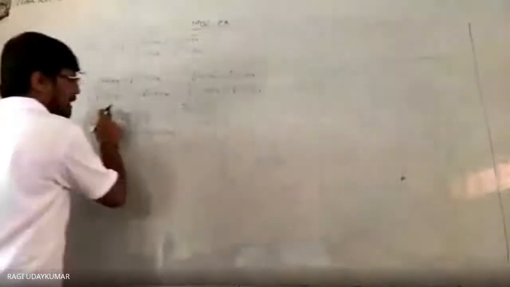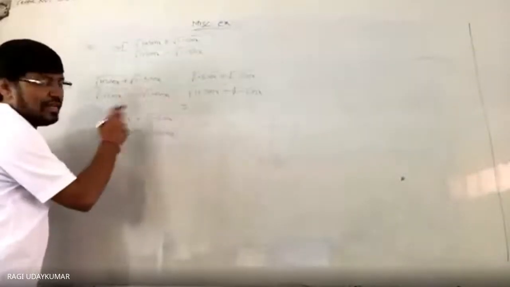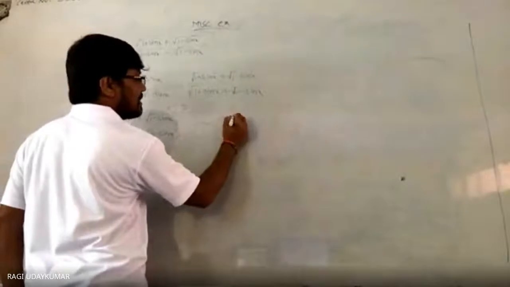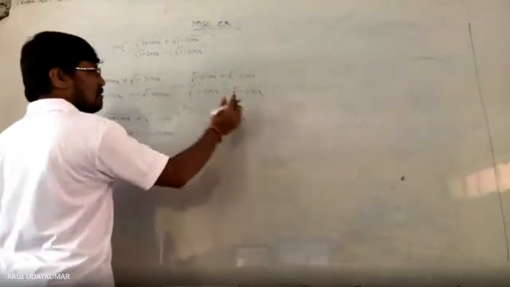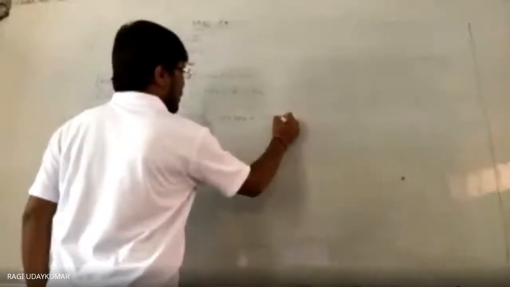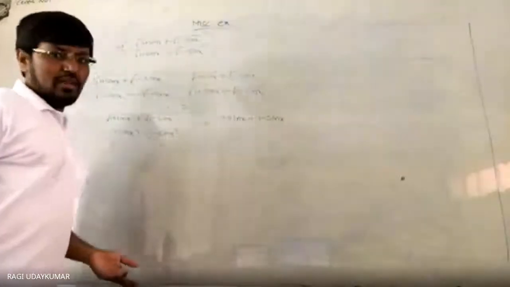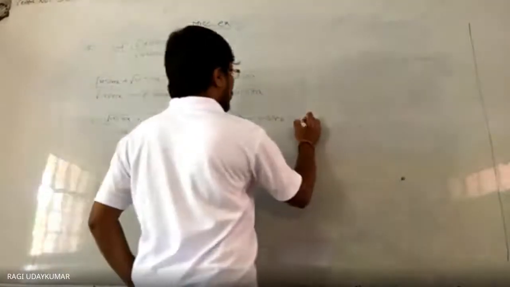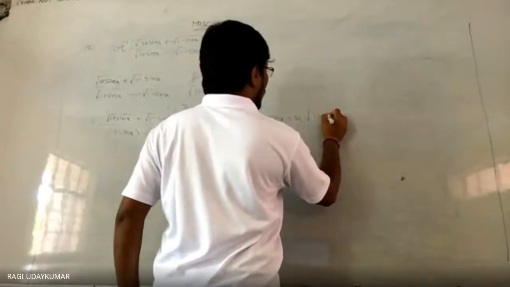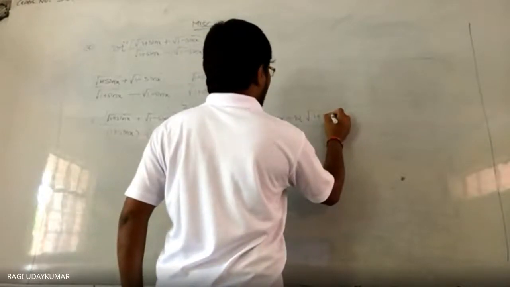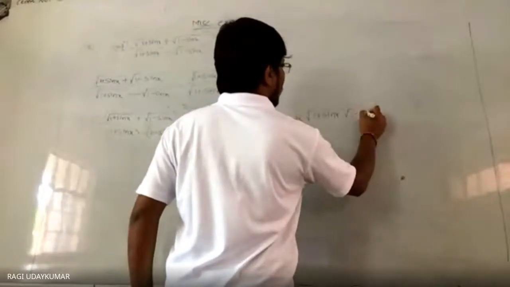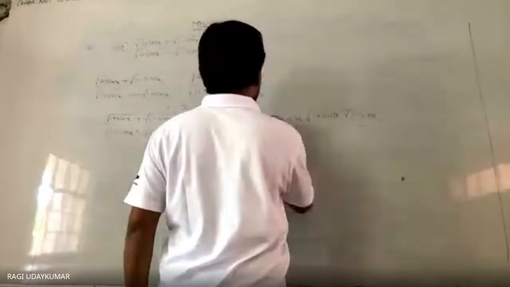So simplifying this numerator, this is the a plus b whole square formula: a square, 1 plus sin x, plus b square, 1 minus sin x, plus 2ab, that is 2 into under root of 1 plus sin x into under root of 1 minus sin x.